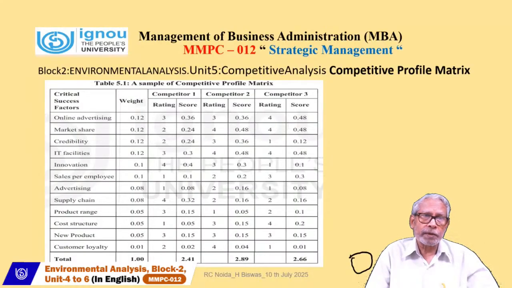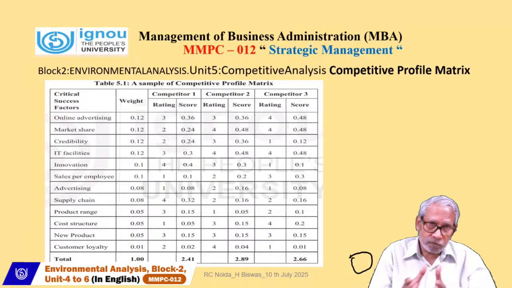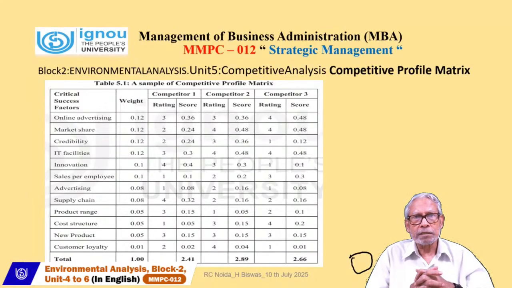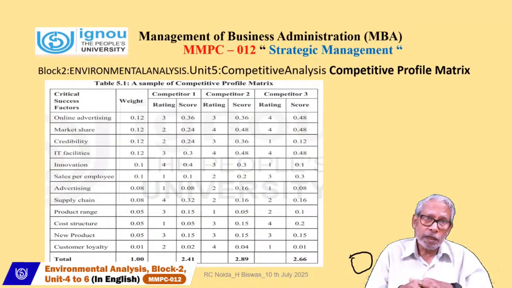So online advertisement, market share, how much they have, IT facilities, what competitor 1 has right now. From this matrix profile, you can see where your opportunities and gaps are, or where the weaknesses are.